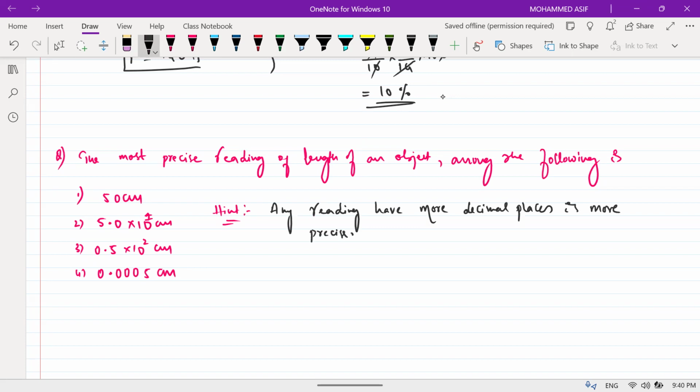This is the hint. Anyone know? Fourth option. Obviously, it will be your fourth option. So I hope you got an idea how to find the precise reading. Whichever reading has more decimal places, that will be the answer for your precise reading. Am I clear?